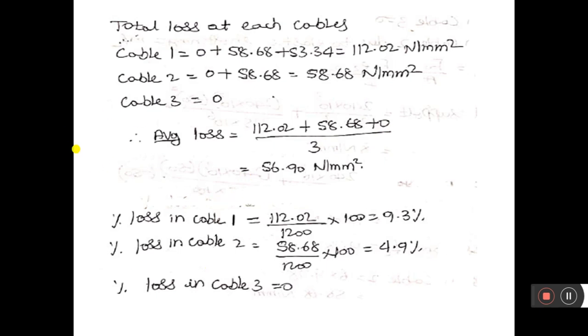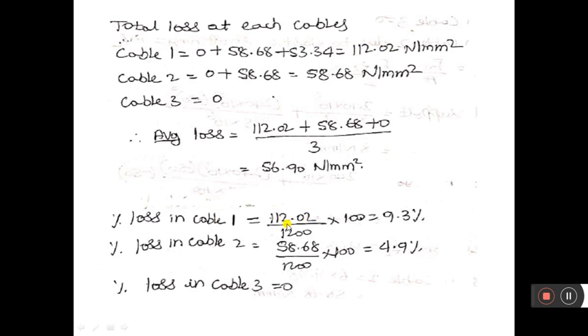And he has also asked us to calculate the percentage of loss of prestress in each cable. So let me calculate the percentage of loss in cable 1. What's the total loss in cable 1? Total loss in cable 1 is 0 plus 58.68 plus 53.34, that is 112.02.